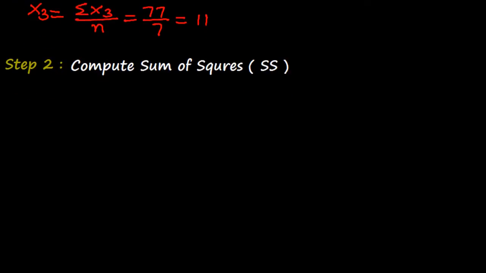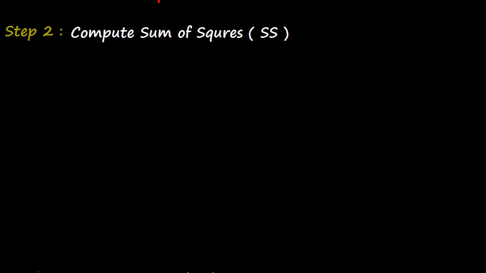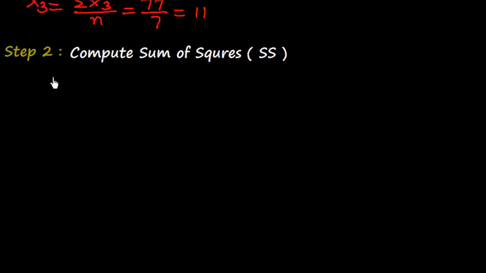Now the second step, we have to compute the sum of squares. So I will explain how we will compute this. First we compute SS1, which is equal to sigma x1 square minus sigma x1 whole square over n.